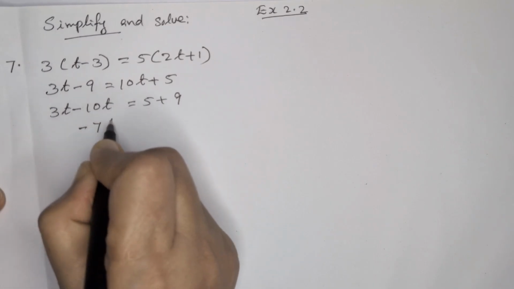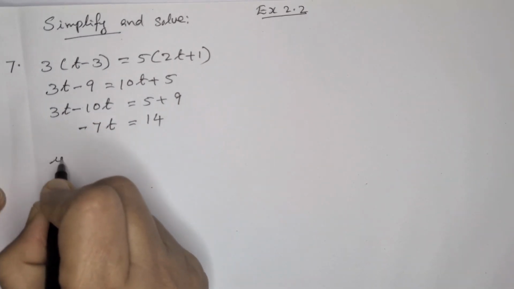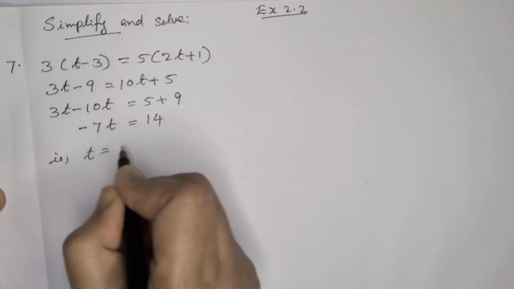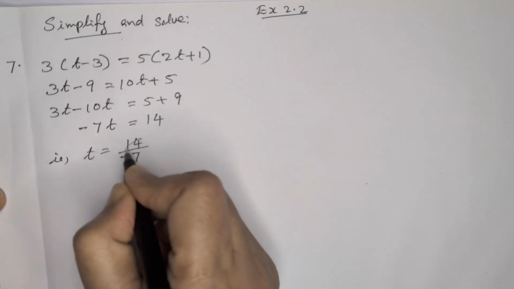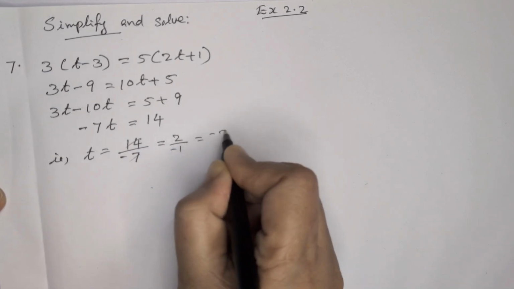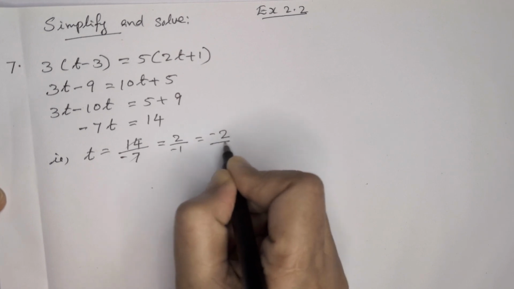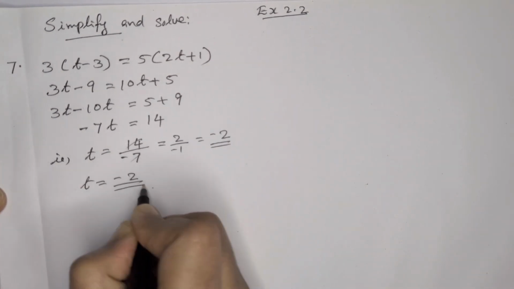That is minus 7t is equal to 14. That means t is equal to 14 by minus 7. We can simplify, we will get 2 by minus 1, that is the same as minus 2. So what we got? The value of t is equal to minus 2.